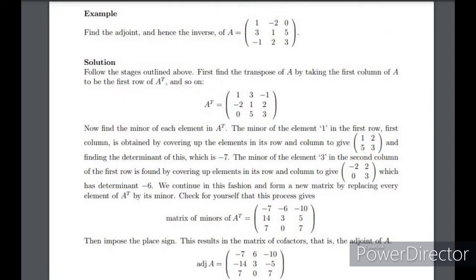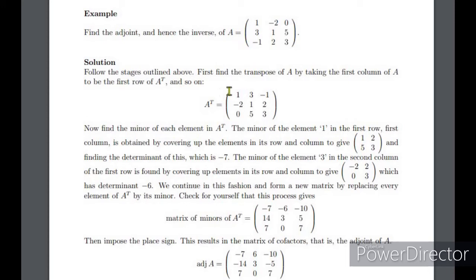Now let's go to the example of finding the inverse. Find the adjoint or the inverse of matrix A. This is the given matrix. It is a 3 by 3 matrix, or a square matrix, because it has an equal number of elements in the rows and columns. For the solution, follow the stages we have discussed.